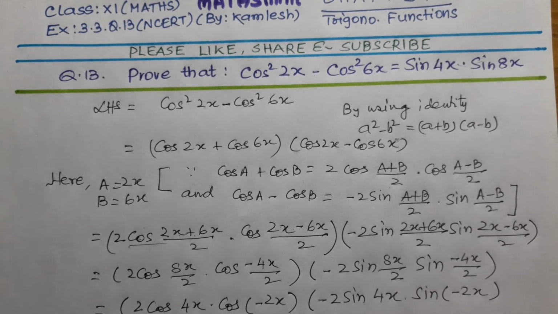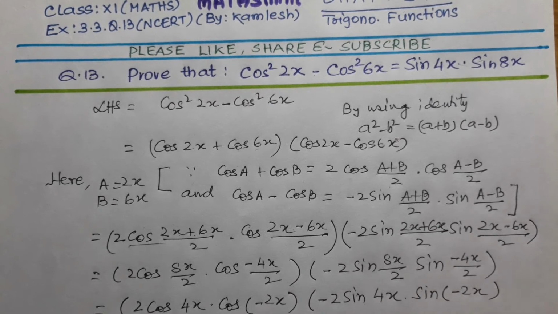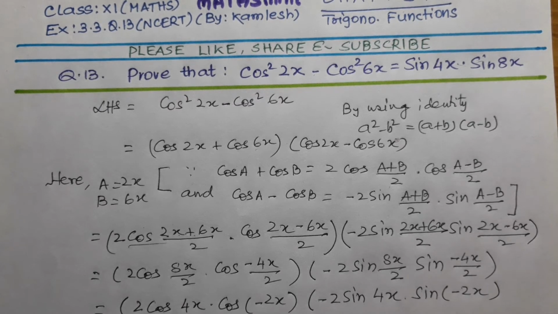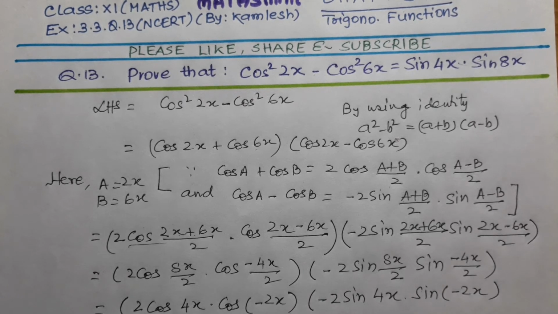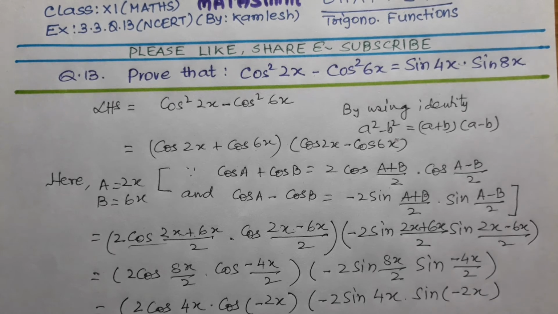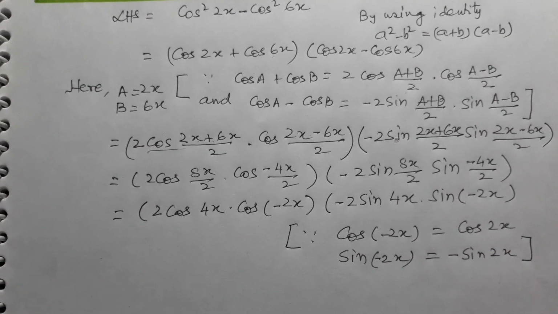And we know that cos minus 2x will be equal to cos 2x, since when cos is with a negative angle, the negative sign goes away. And sin minus 2x: the minus sign of the angle will come before the function, so it will be minus sin 2x. These identities we have already applied at many places.